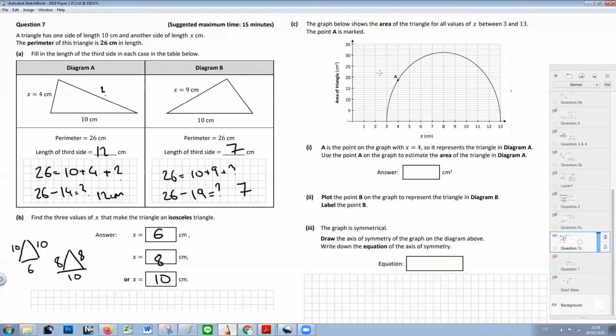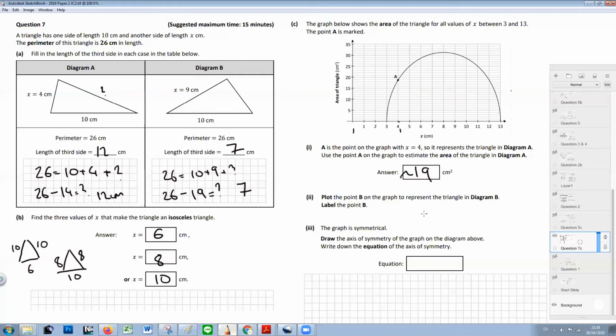If it's at 5, it's going to be 24 roughly, and then it gets smaller after you get to 8. So A is the point on the graph with x equal to 4, so it represents the triangle in the diagram. Use the point A on the graph to estimate the area. So this was the area, this was our value of x, so x was equal to 4, so this point. We go up here, we find our area is going to be roughly 19 centimeters squared, so that should be fine.